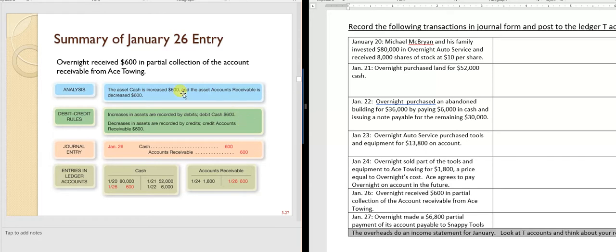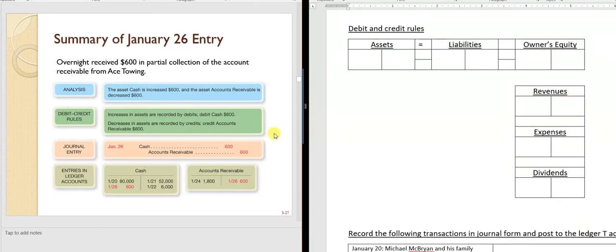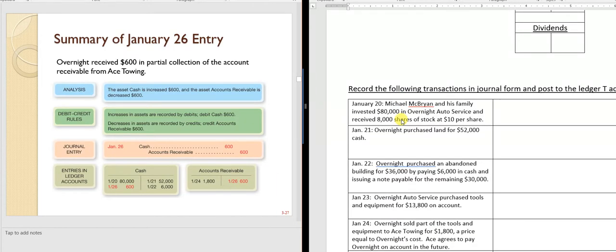Next one, I received $600 from that accounts receivable. So what did I get? I got cash. I will tell you, if you ever get confused in a journal entry, kind of look for the cash. And cash, remember, goes up with a debit and down with a credit. And again, when I was learning this, I actually wrote that on a separate sheet of paper and just had it side by side, so I could just refer to it until I learned it really quick.